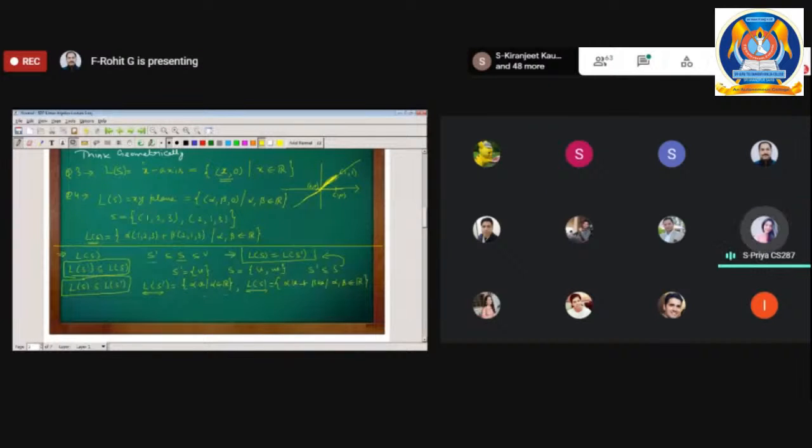Yes, sir, because the linear span of S dash is contained in the linear span of S. Yes. How?